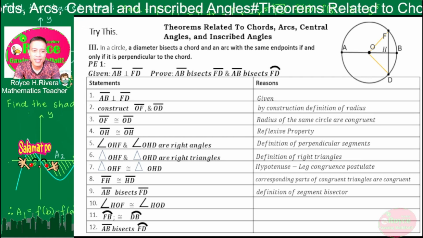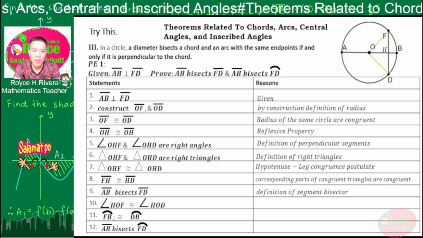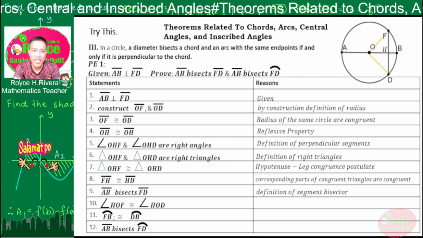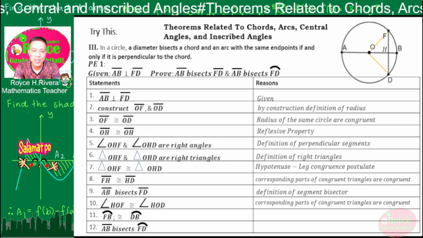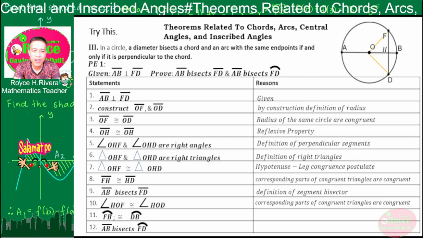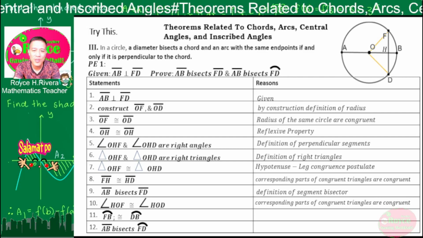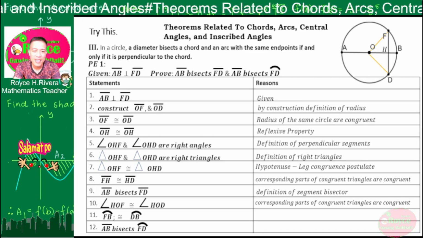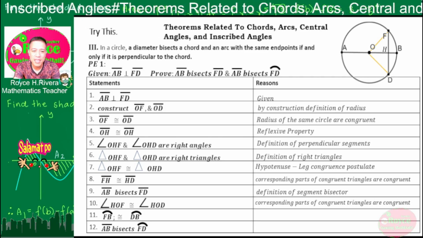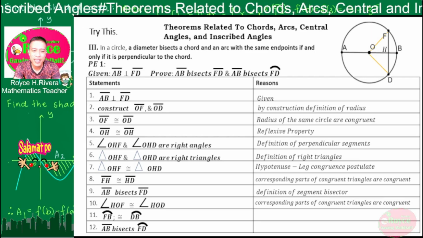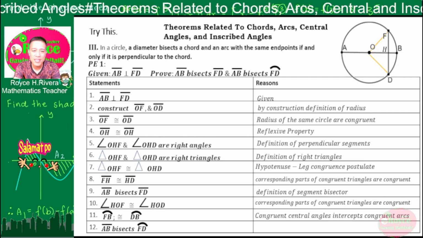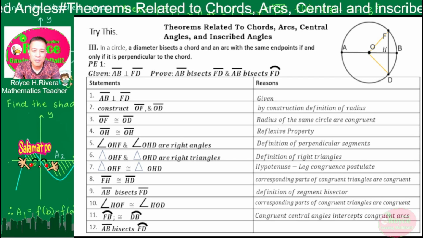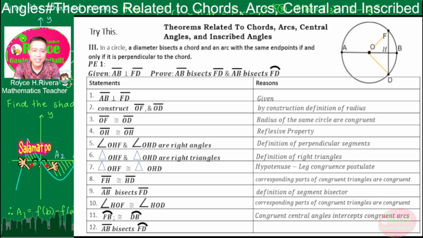Statement number 10. Angle HOF is congruent to angle HOD. For the reason, corresponding parts of congruent triangles are congruent. Statement 11, arc FB is congruent to arc DB. For the reason, congruent central angles intercept congruent arcs.